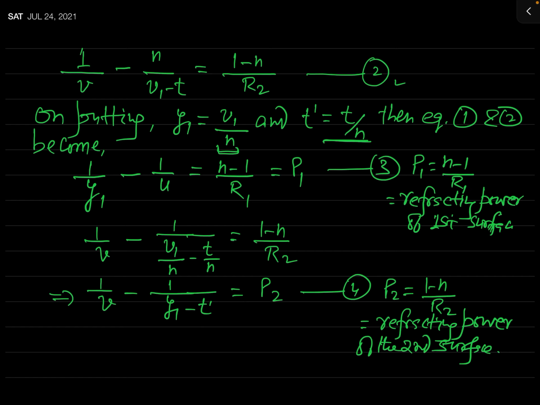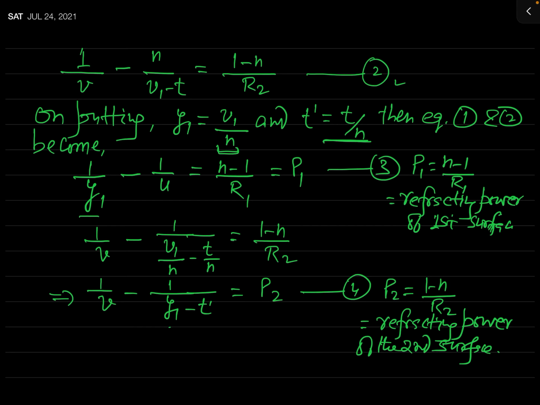Now finally our aim is to establish a relation between v and u in terms of p1, p2 and this t or t prime, you can say. And for that you can see both of these equations contain this y1. Y1 is contained in both of these equations. So first of all, we will eliminate this y1. And for eliminating this y1, what you will do?